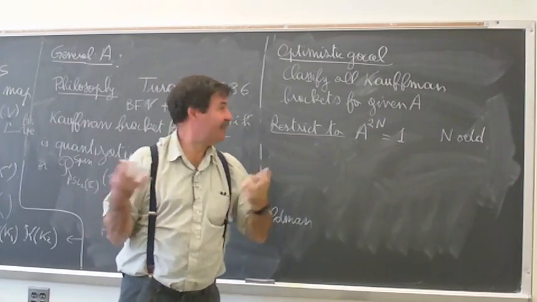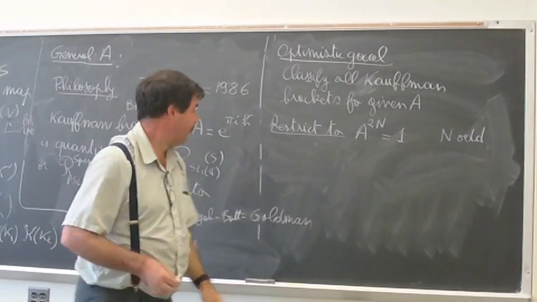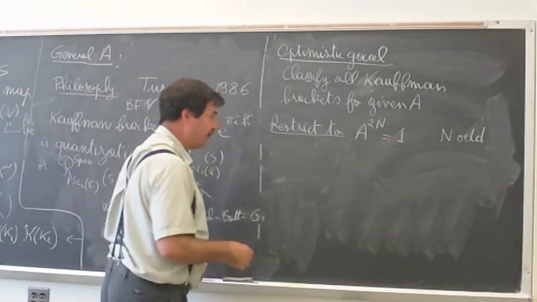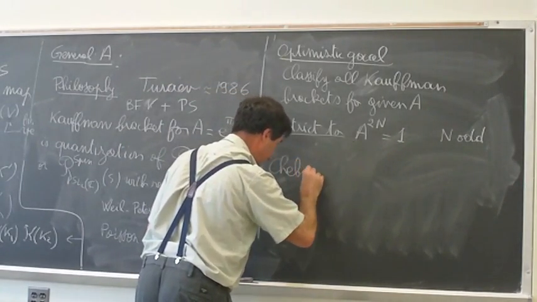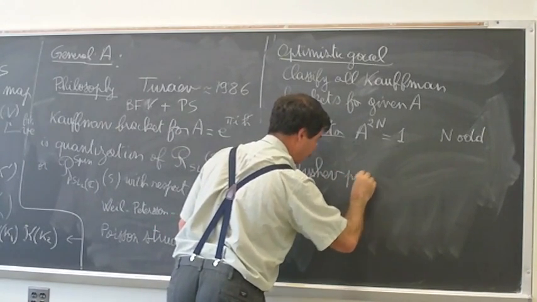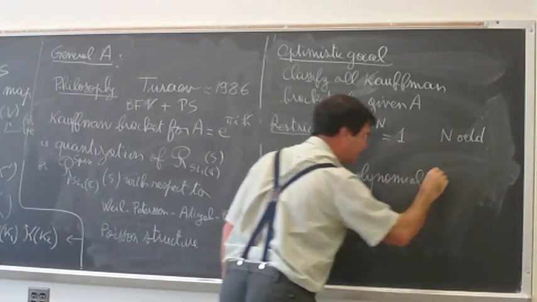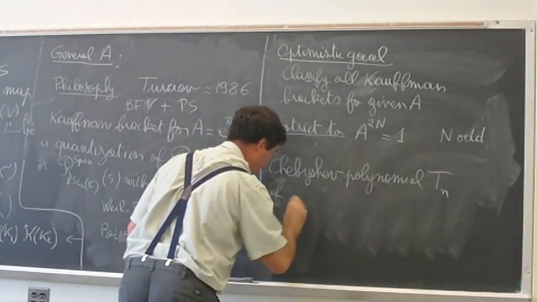And how do you classify objects? Well, you want to find invariants. And so we're going to construct invariants, and they're going to involve the Chebyshev polynomials T_n, of the first type.